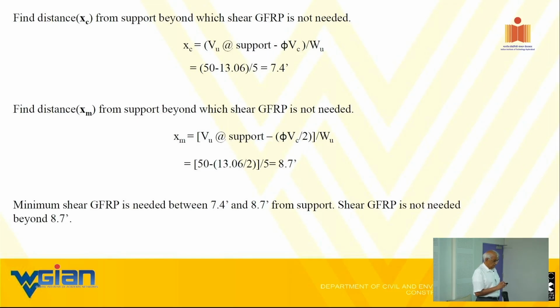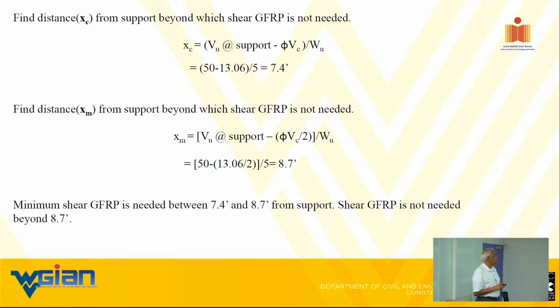Again, we are assuming that the critical section is at a certain distance from the support, and that is the ultimate load. Therefore, we have established the distance from the support beyond which shear reinforcement is needed. So find the distance from support beyond which shear reinforcement is not needed.